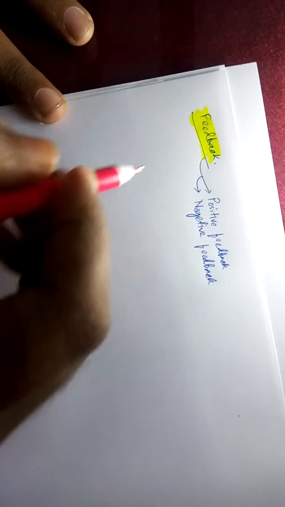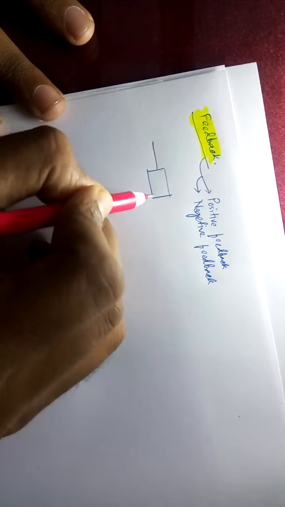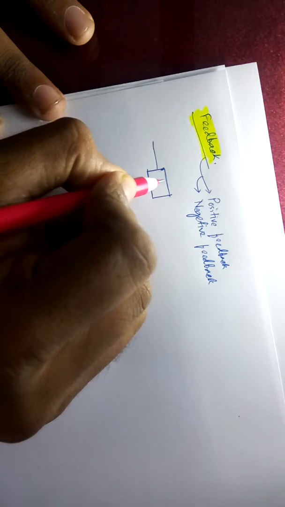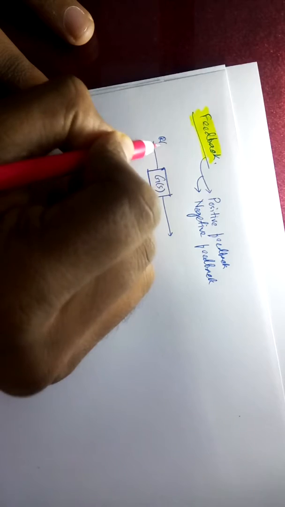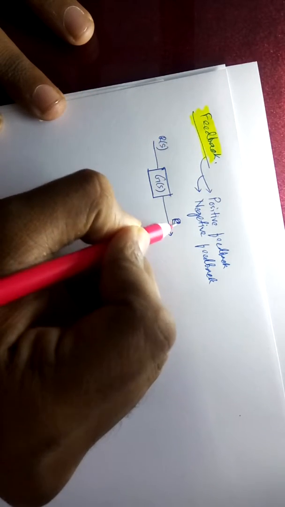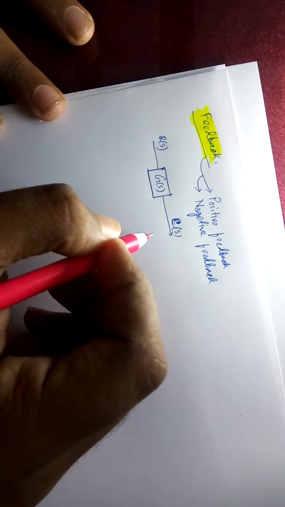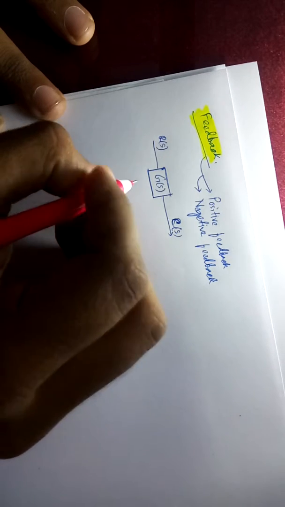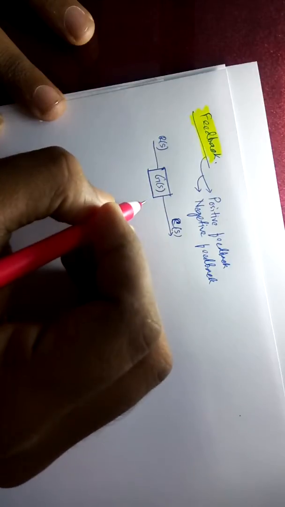So now, if we take any system where the system transfer function is G(s) and the input is R(s) and output is C(s), then we can call it an open loop transfer function, and that will be G(s).